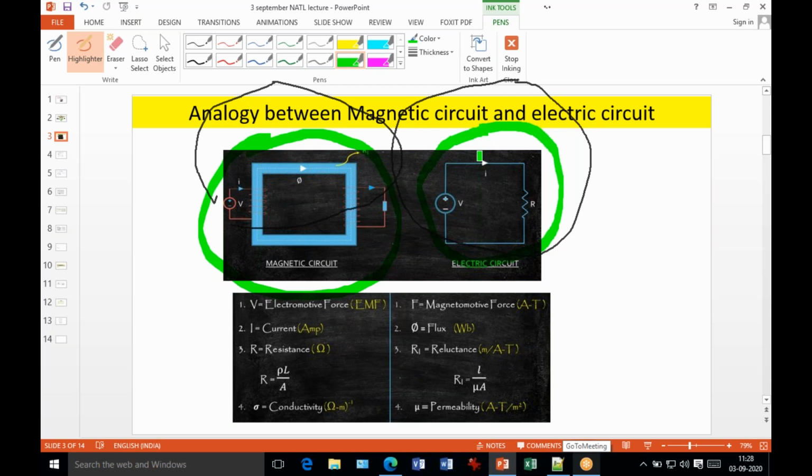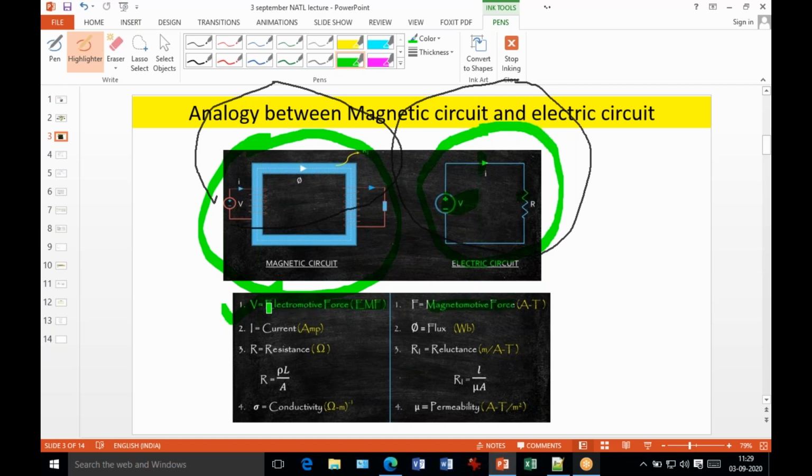So just be aware of this circuit. This is the current, this is the resistor, and this is the voltage. Now in the electrical network, there is a voltage source, and that voltage source is known as the electromotive force. Similarly, that same parameter, voltage, in the magnetic circuit is represented by the magnetomotive force.